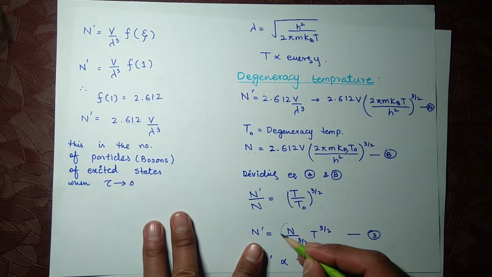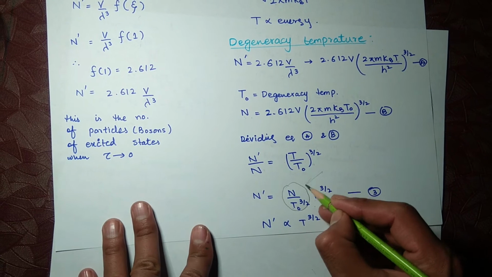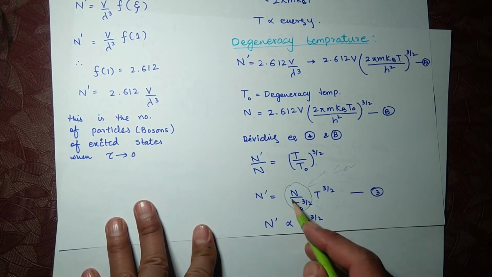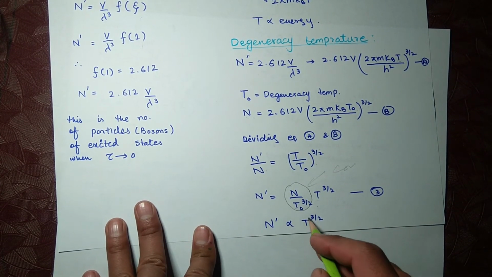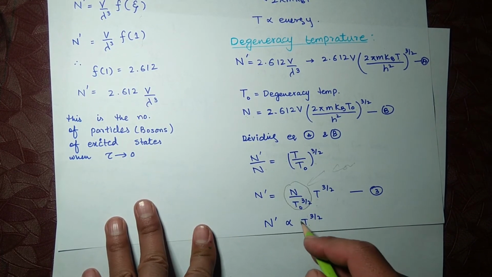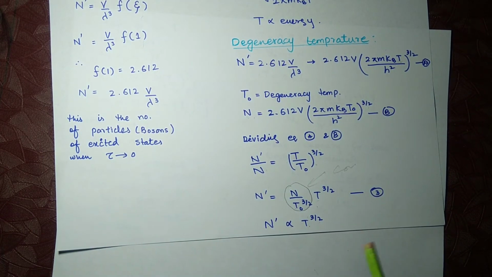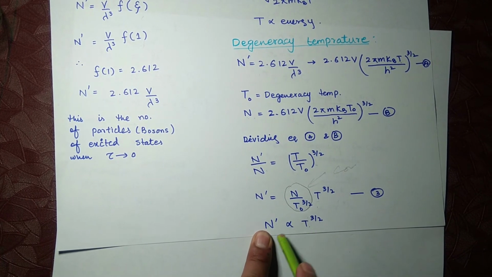Now you can see that this factor here is a constant factor, and from this we can say that n prime is directly proportional to T to the power 3 by 2. This is the relation of the number of bosons in the excited state with temperature. This is how we can relate this with the temperature.